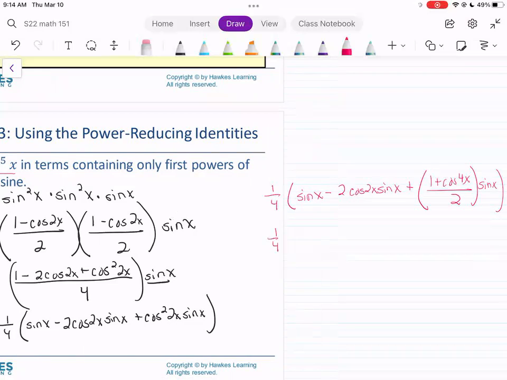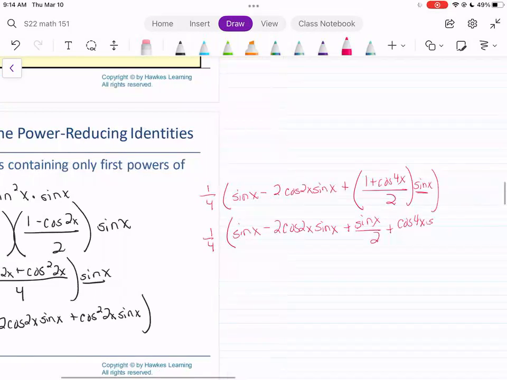We can then simplify that to 1/4 times the sine of x minus 2 cosine of 2x sine of x plus, when I distribute the sine of x, I get sine of x over 2 plus cosine of 4x sine of x over 2.